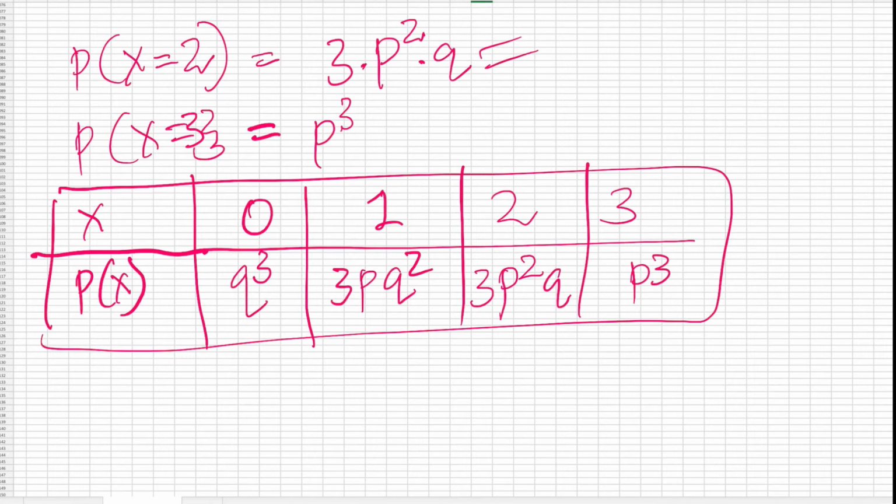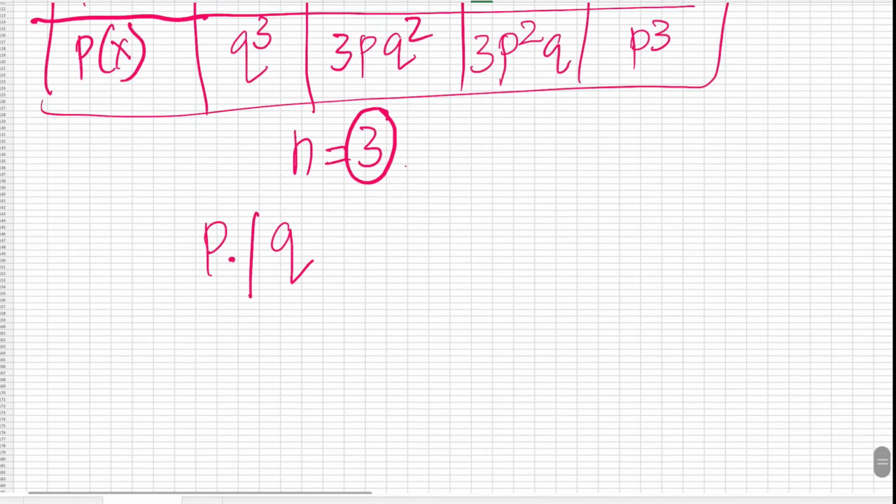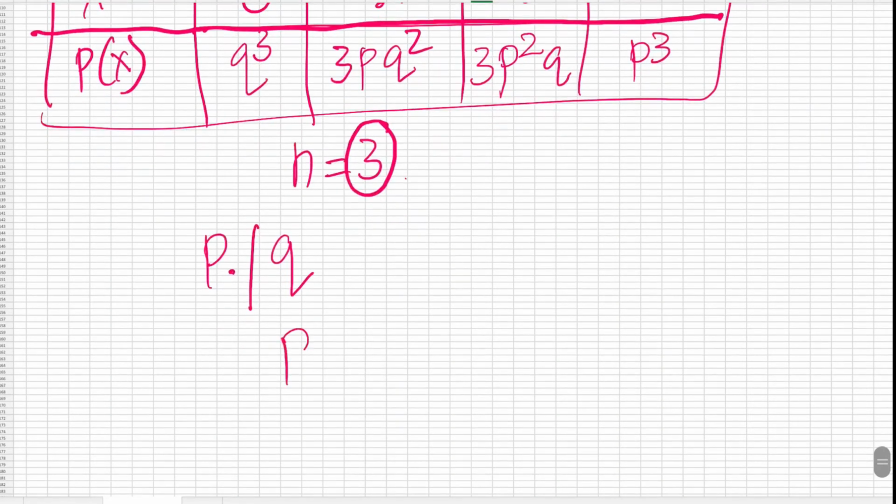So what we are finding is that we have a coin and we are throwing this coin 3 times. If the probability of success is P and the probability of failure is Q, and we do this experiment 3 times, the probability distribution would be the same as (P plus Q) raised to the power of the number of times we do the experiment.